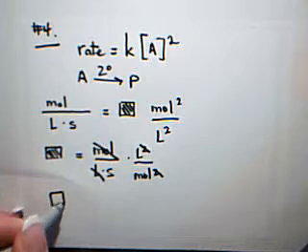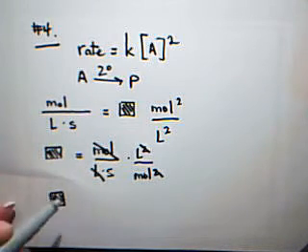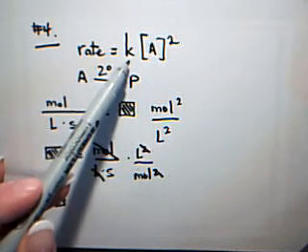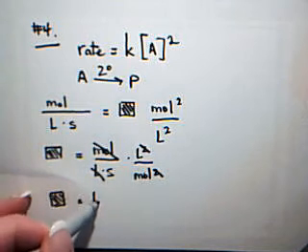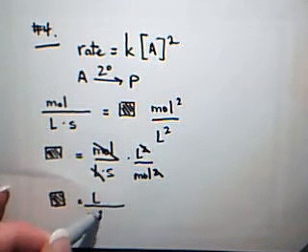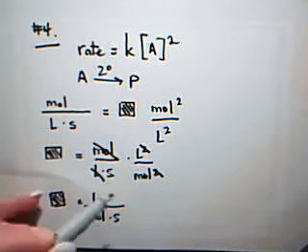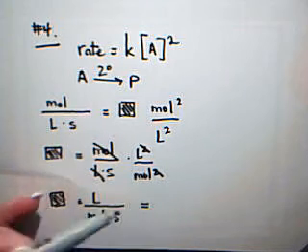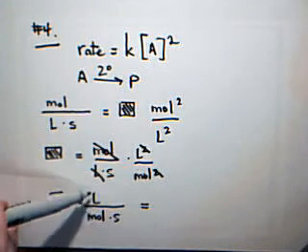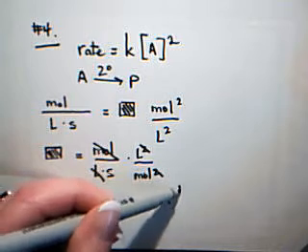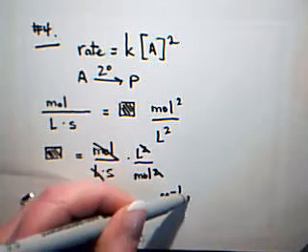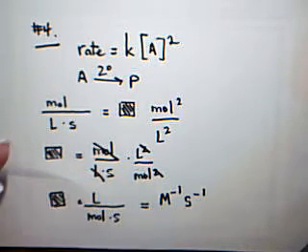And I'm left with the units of my second order reaction rate constant K being equal to liters over mole times seconds. And in terms of molarity, I can tidy up this unit a little bit. This is not molarity, but it's molarity to the minus 1. So that would be M to the minus 1 times seconds to the minus 1.